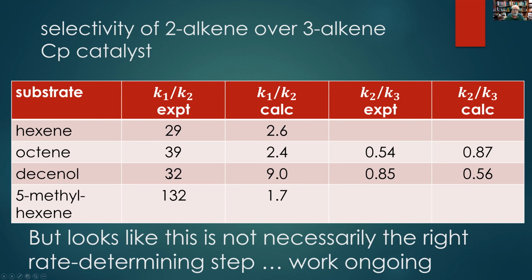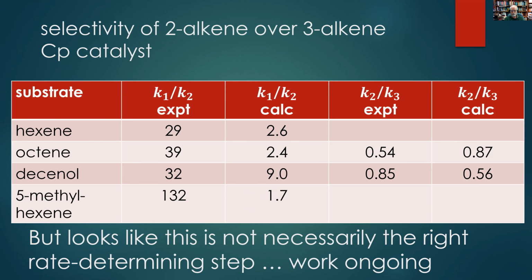These K1 over K2 ratios that the Grotjahn group is observing correspond to energy differences of 2 to 4 kcal per mole, where we expect the error in the DFT methods to be about 2 kcal per mole. And so we are pretty close to where we're really testing the limits of the accuracy of these methods, except that for something like 5-methylhexene, we should be able to get that. And the fact that we were predicting a smaller K1 to K2 ratio here than for the other substrates was a pretty good indication that something was wrong.